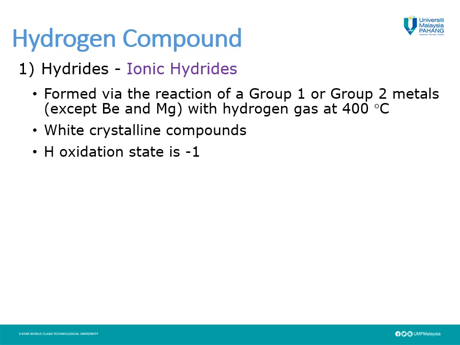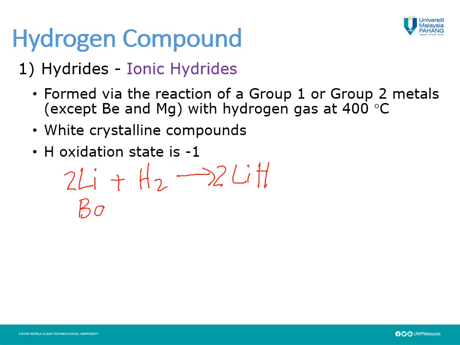So let's say we have an example of lithium in group 1 reacting with hydrogen gas, it will produce lithium hydride. 2 moles of lithium and 1 mole of hydrogen gas produce 2 moles of lithium hydride.